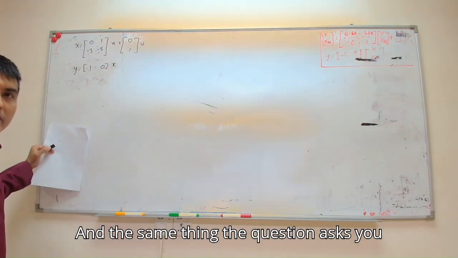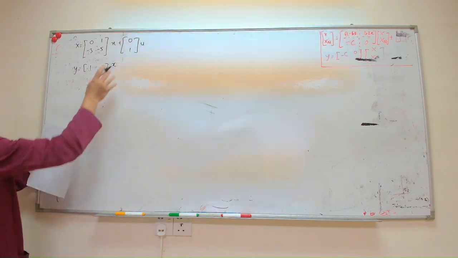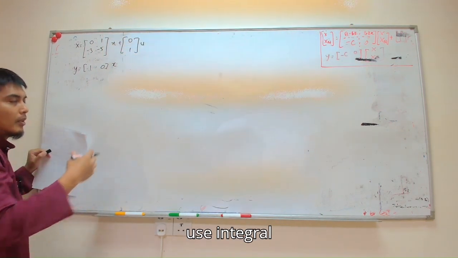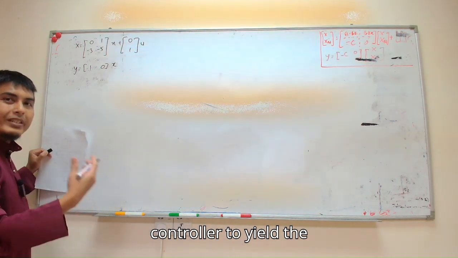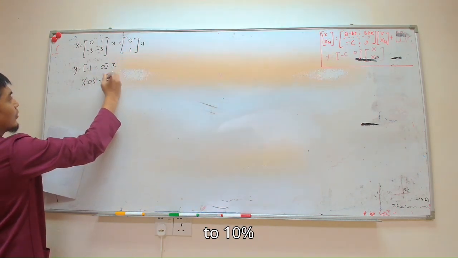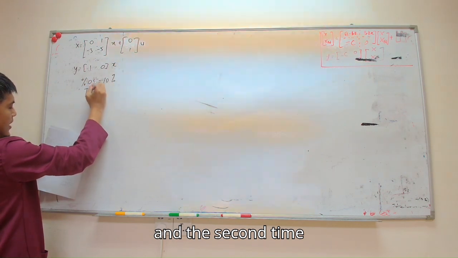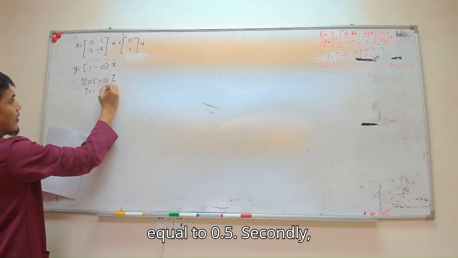And the same thing, the question asks you to use an integral controller to yield a percentage overshoot equal to 10% and a settling time equal to 0.5 seconds.